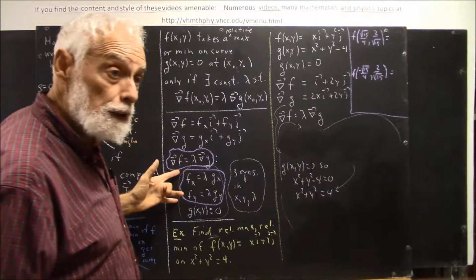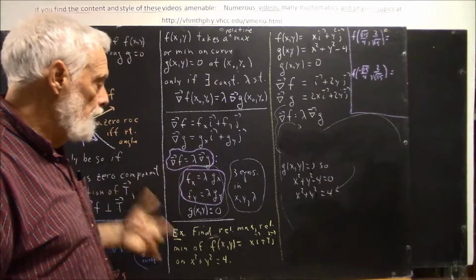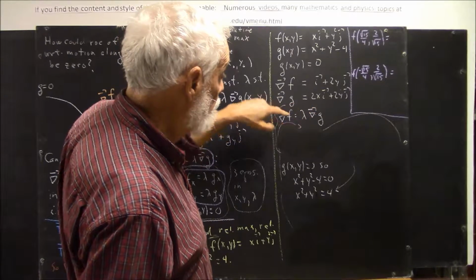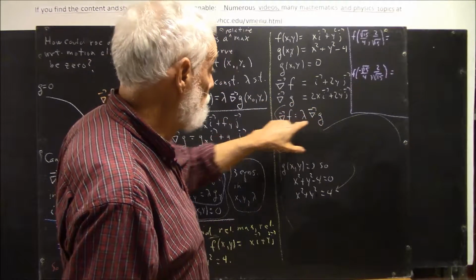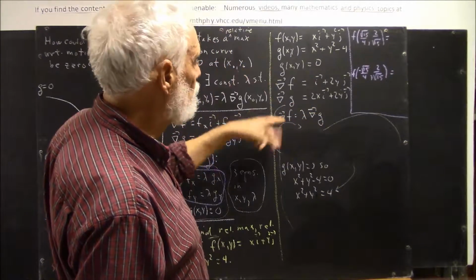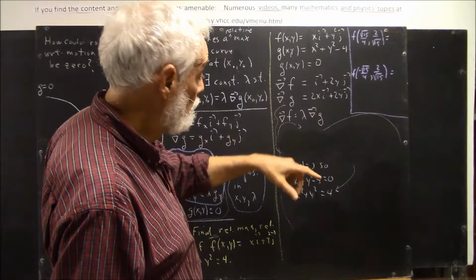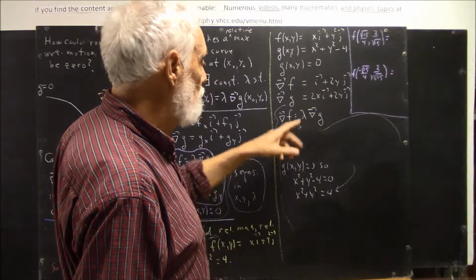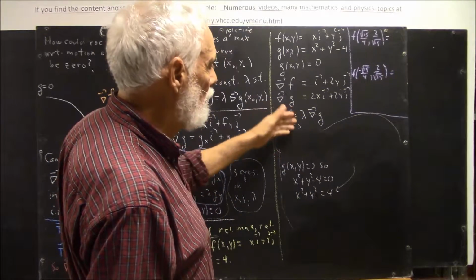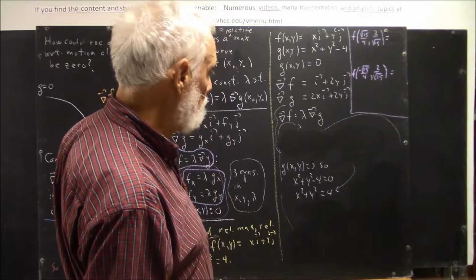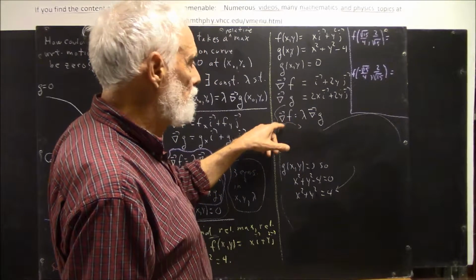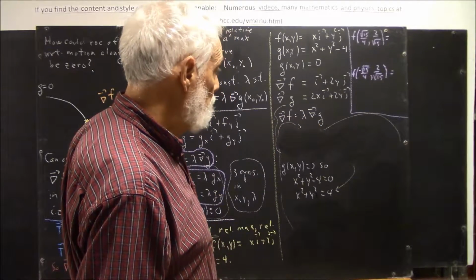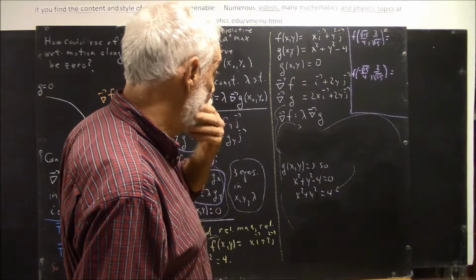Of course, you can write down these two equations, but you should see that all this means is that whatever your I component of del f is, it is equal to lambda times the I component of del g. In other words, the components of del f have to all be lambda times the components of del g, and the same can be said for the j components.